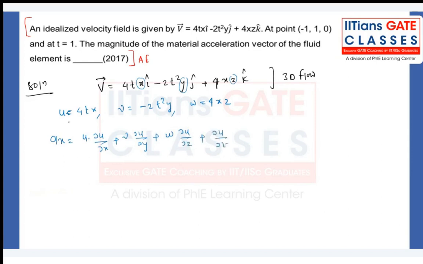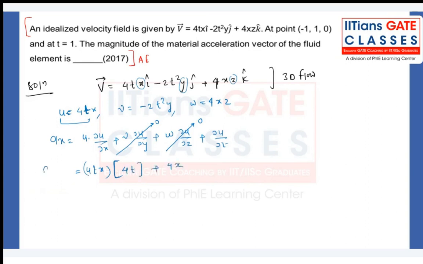It is independent of y, so dou u by dou y will be 0, and dou u by dou z will be 0. What about u? 4tx. Dou u by dou x is obtained by keeping t constant and differentiating with respect to x. That is the meaning of partial differentiation. So dou u by dou x will be 4t, and dou u by dou t will be 4x.